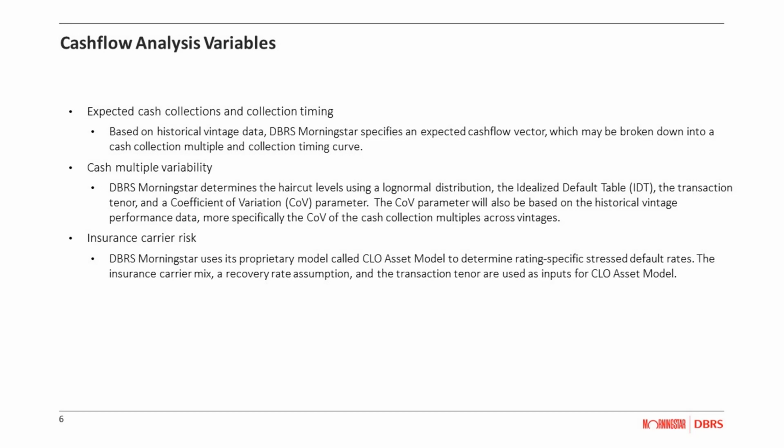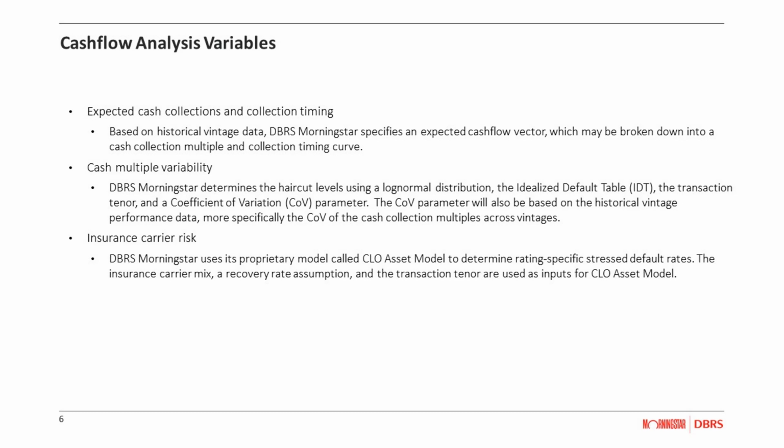This coefficient of variation is translated into haircuts to be applied to the expected case via a log normal distribution. And the stresses resulting from such computation may be adjusted qualitatively to the extent the historical data is deemed not to fully reflect the potential variability, or where the pool exhibits concentrations either by claim type, geography, or some other segmentation.